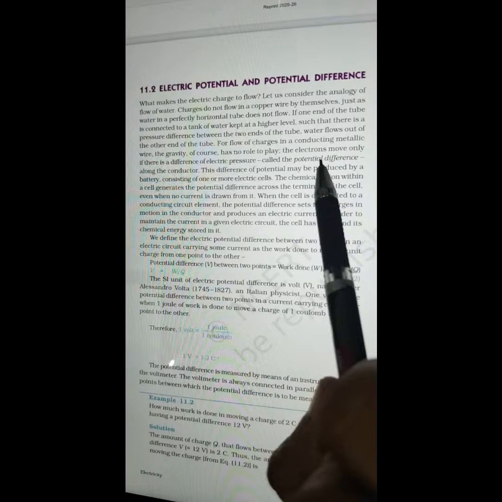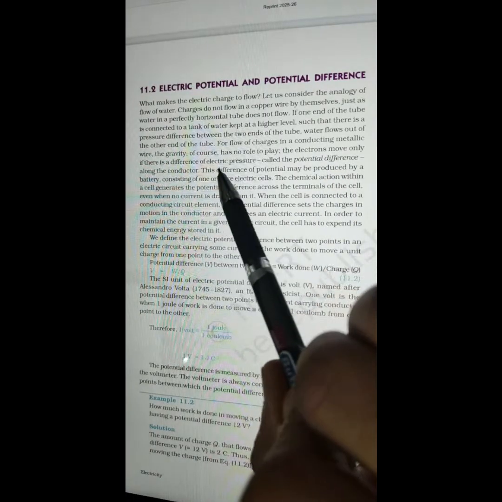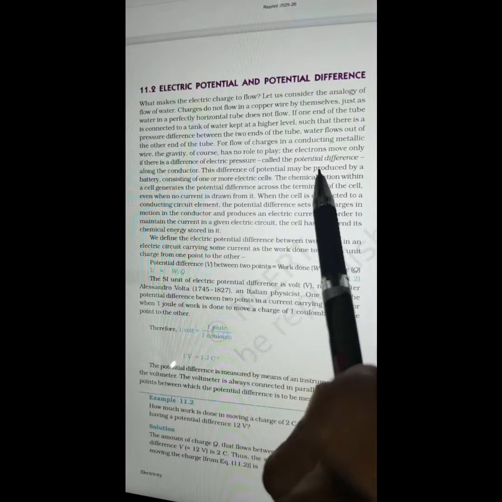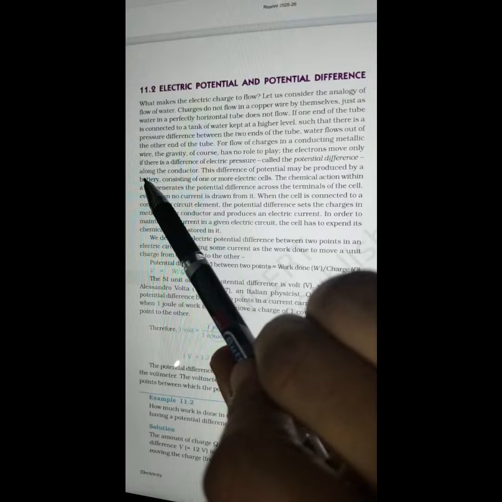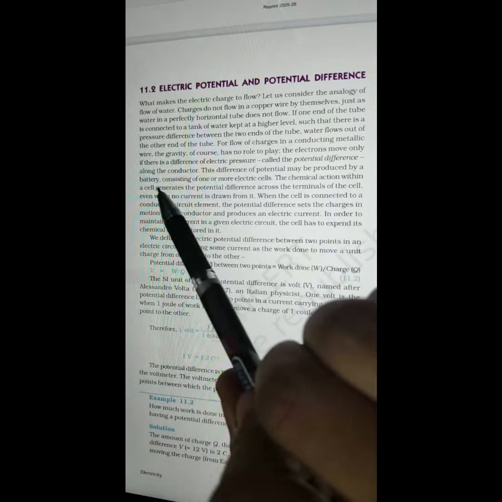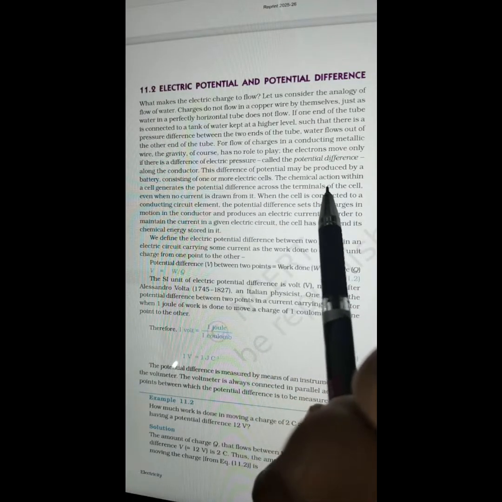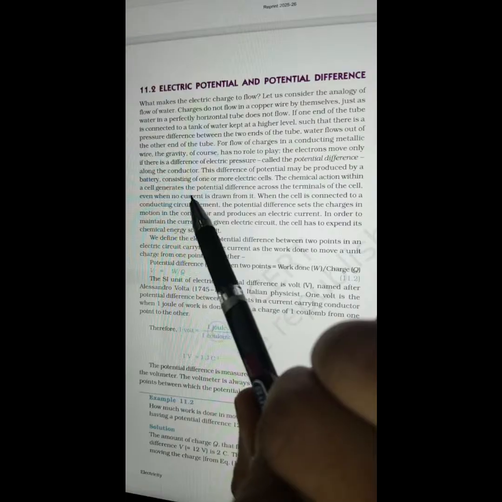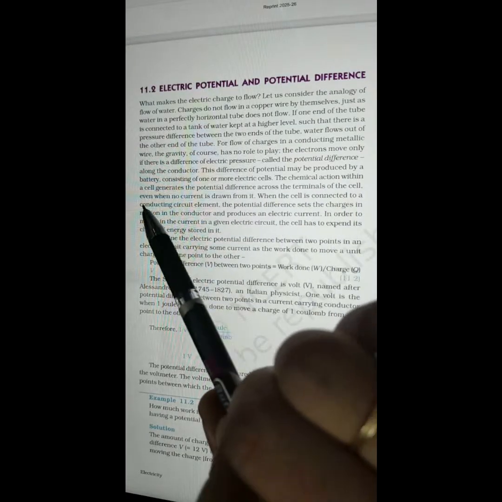The electrons move only if there is a difference of electric pressure called the potential difference along the conductor. This difference of potential may be produced by a battery consisting of one or more electric cells. The chemical action within a cell generates the potential difference across the terminals of the cell.